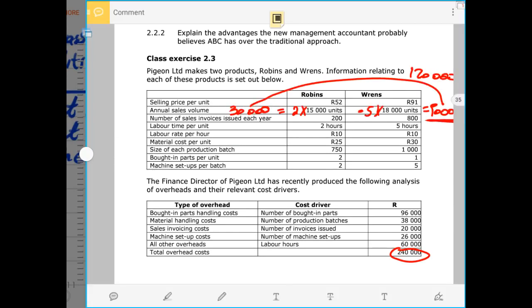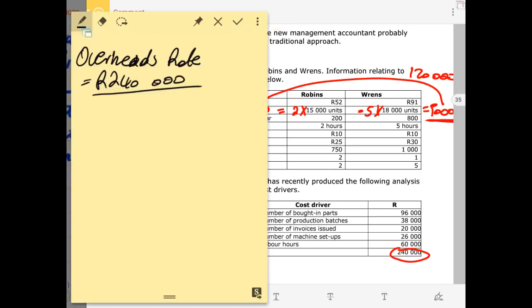So now from here we can do our rate, where we say 240,000 rands divided by 120,000 hours.